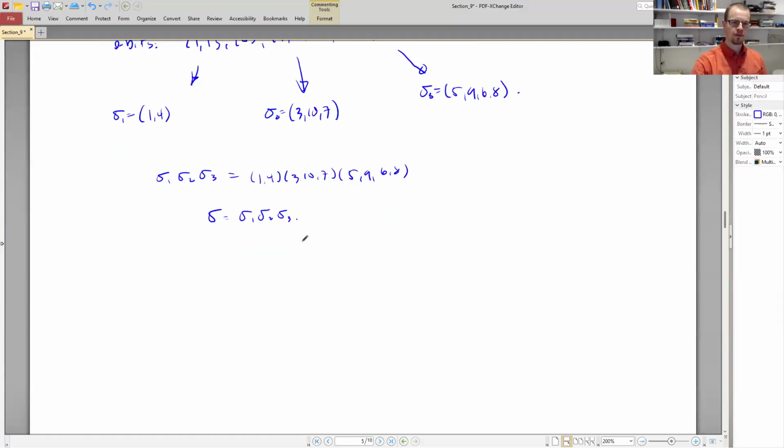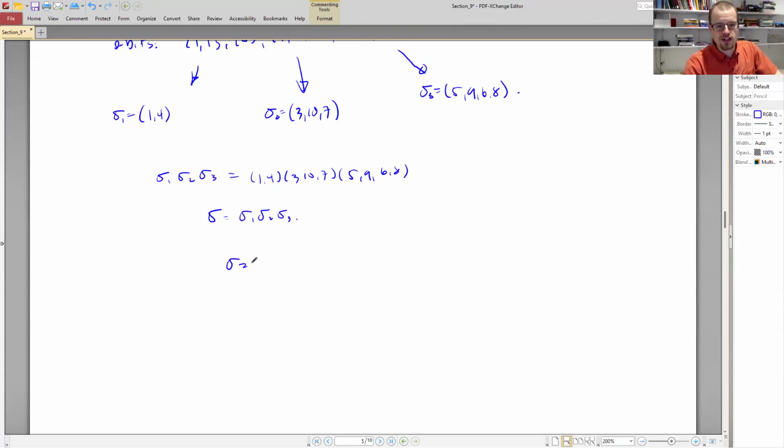Since they're disjoint, the order actually doesn't matter, because whether I list this first or this first or that first, it's still taking 1 to 4, 3 to 10, 10 to 7, 5 to 9, 9 to 6, 6 to 8, and 8 to 5. It's still doing the same thing.